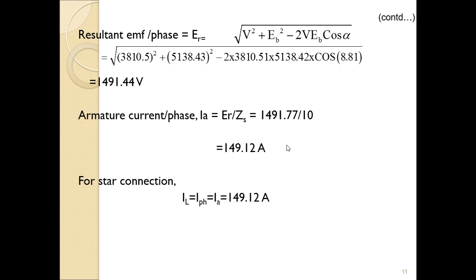So it is a simple problem, only formula substitution. I hope you understand. Note down this formula: ER, IA, and that is equal to the phase current. So that is 149 amps.